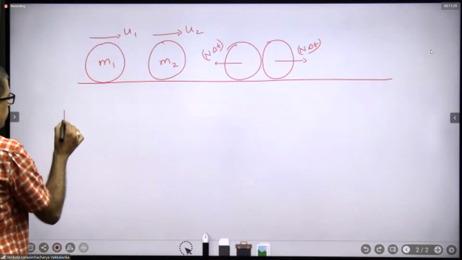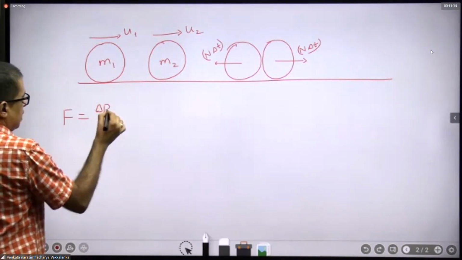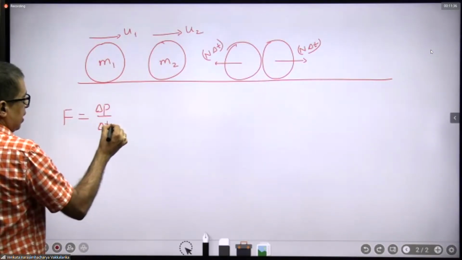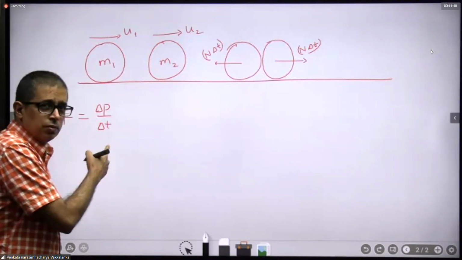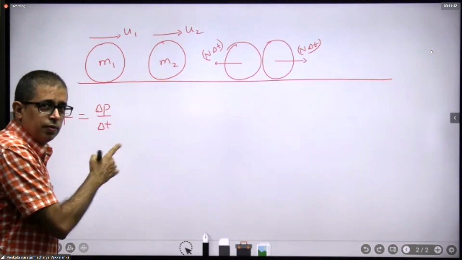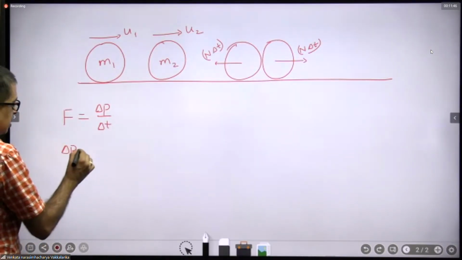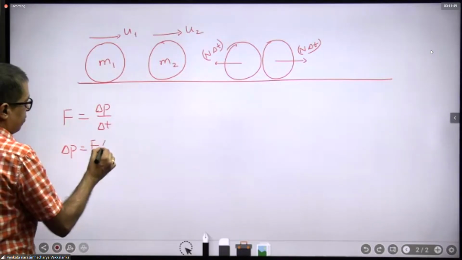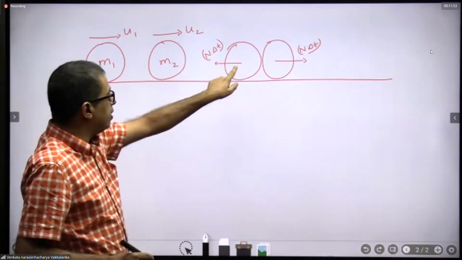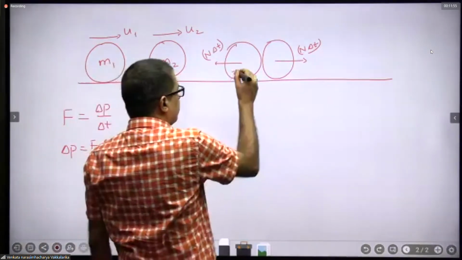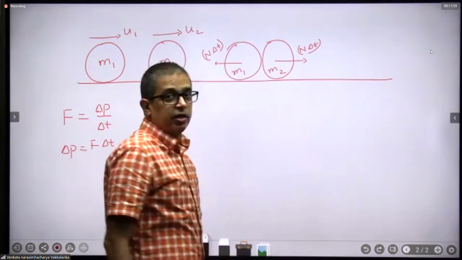The concept of F external is delta P by delta t. Who told you this? Newton's second law of motion. Delta P will be F into delta t. Force into delta t will be the change in momentum of M1, and force into delta t will be the change in momentum of M2.